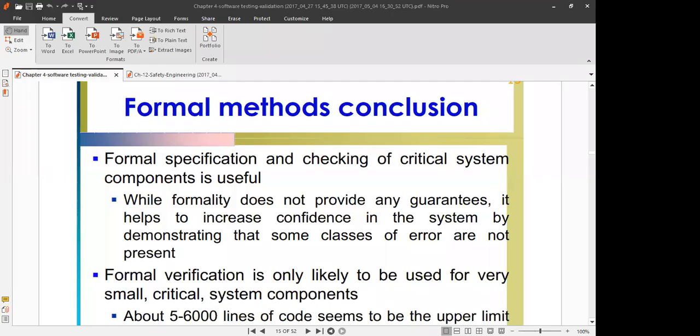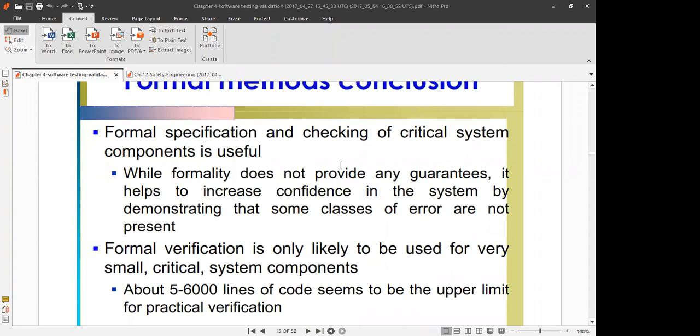Okay, then just for the conclusion here, let me share my screen once again. Formal methods conclusion. Formal specification and checking of software, and formal verification is only likely to be used for very small critical system components.